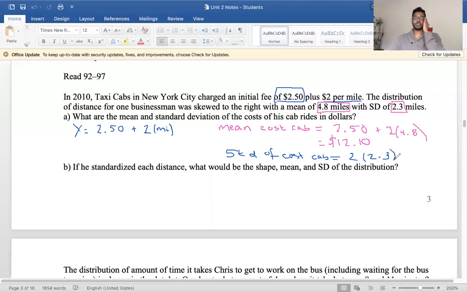Addition doesn't change the shape or spread of a distribution, only multiplication does, so I'm not going to add on the additional 2.50. This gives you a standard deviation of 4.6, so $4.60.